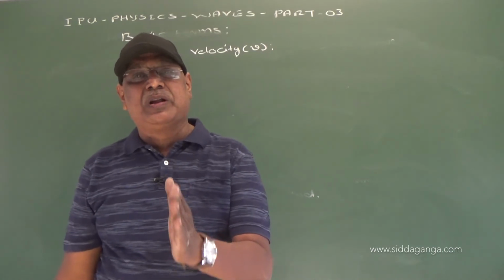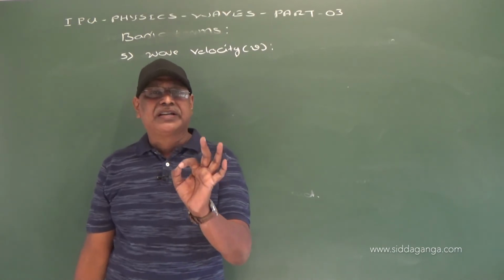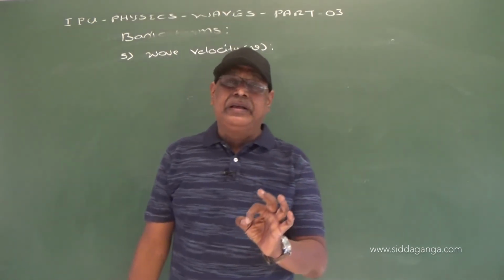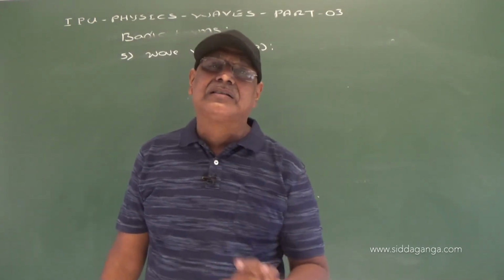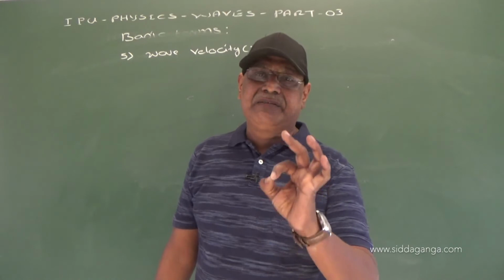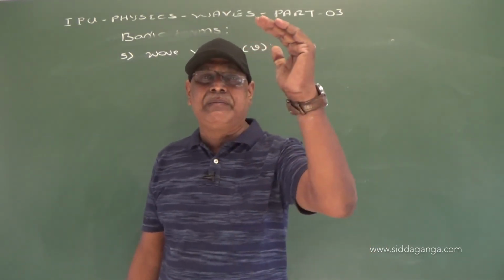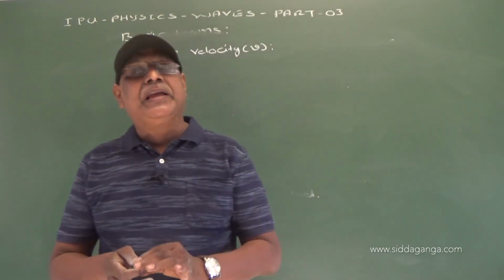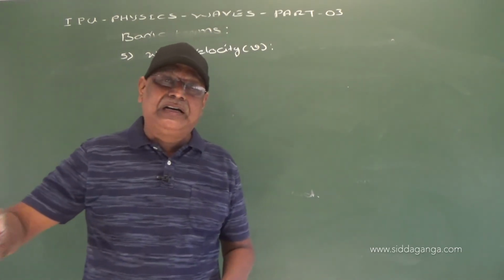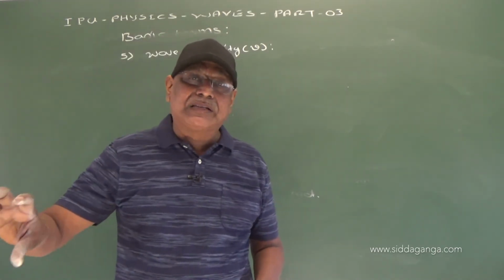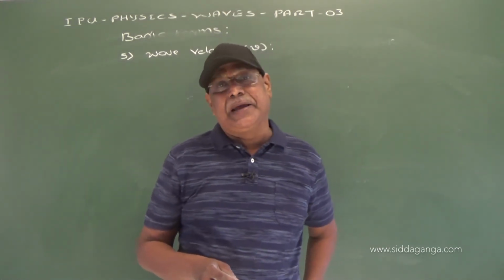Simple harmonic motion of particles about their mean position, where the velocity of simple harmonic motion is sometimes called particle velocity, is not a constant velocity. It varies with the position of the particle. It is maximum at the mean position and minimum at the extreme position. But here we are talking about the velocity of the wave, that means the velocity with which the disturbance moves through the propagating medium.